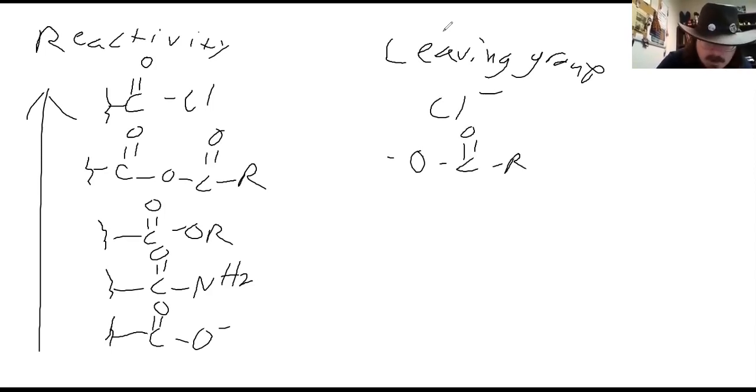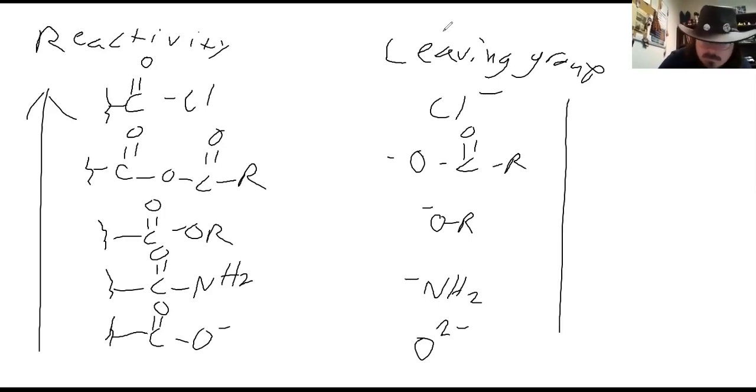Then you would have an alkoxide. Then you'd have an amide, well, not amide, but the deprotonated amine. And finally, this one would be O 2 minus.